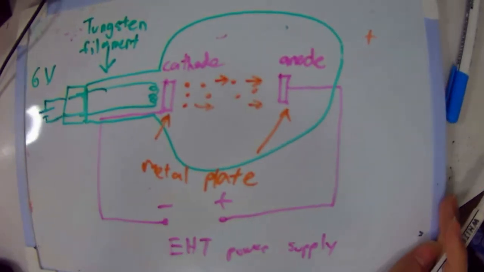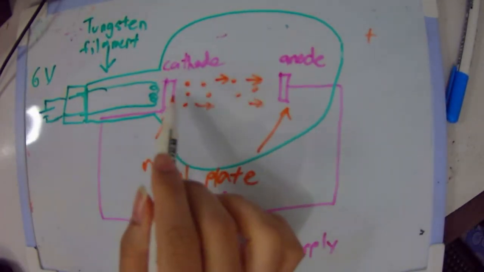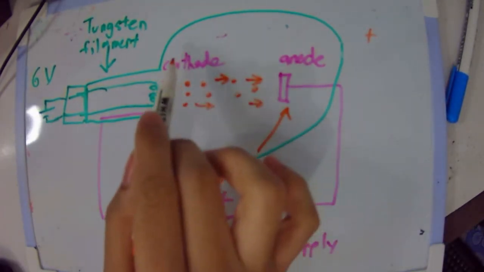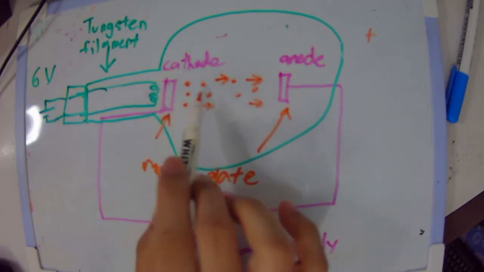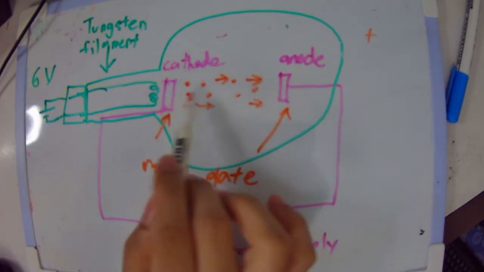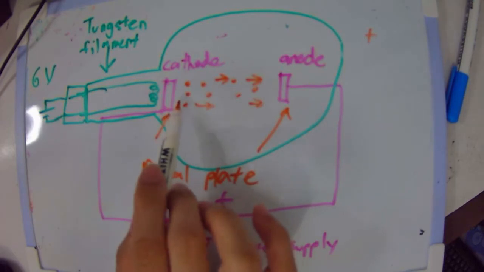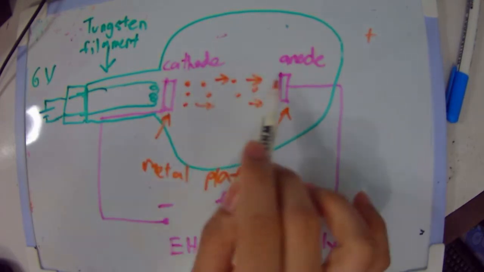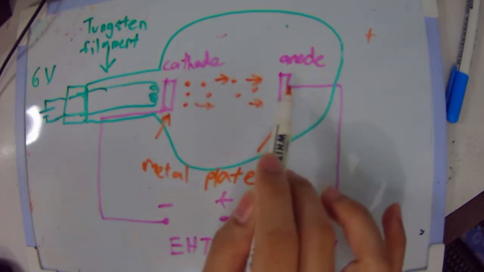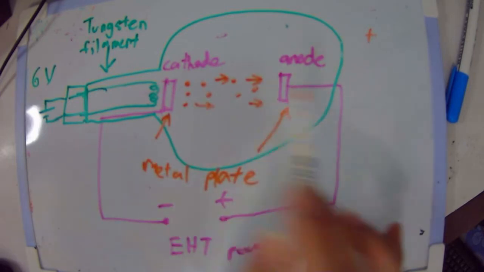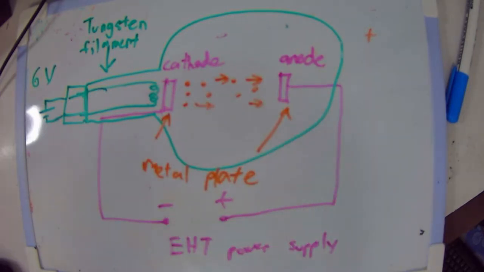So we now have a stream of electrons going from the cathode traveling towards the anode. Negatively charged electrons are being released and shot towards the positive side, because opposites always attract, even in science. And that is the basics of what is known as a cathode ray.